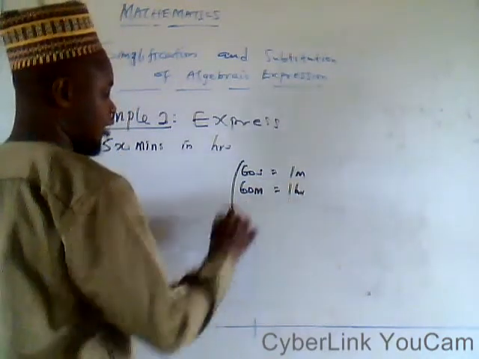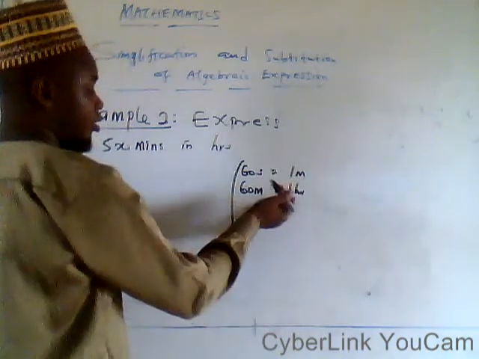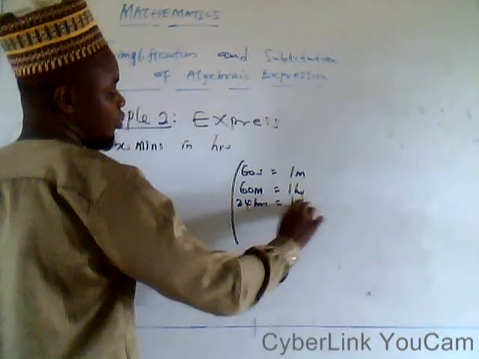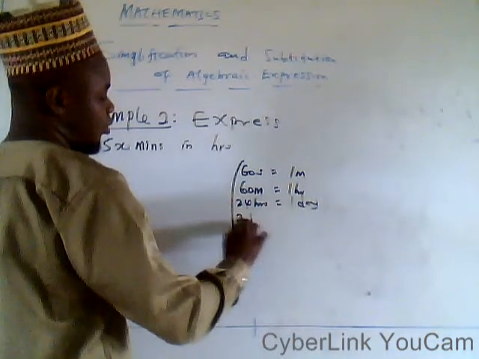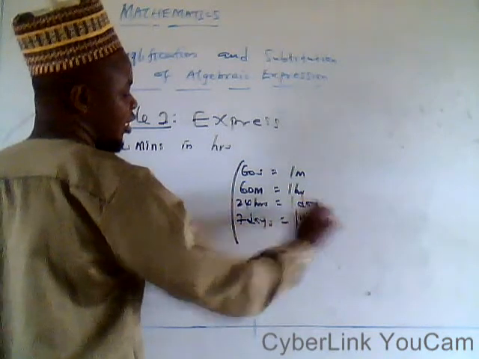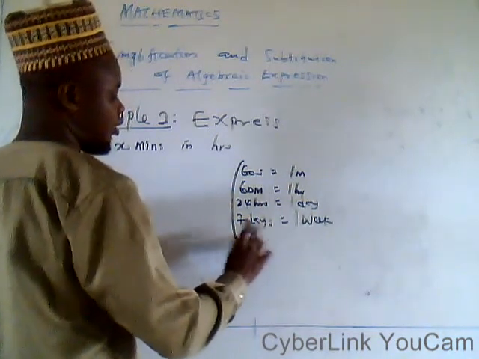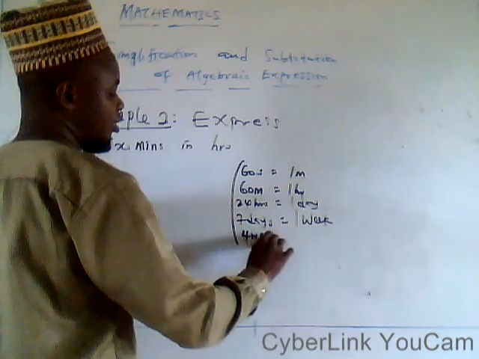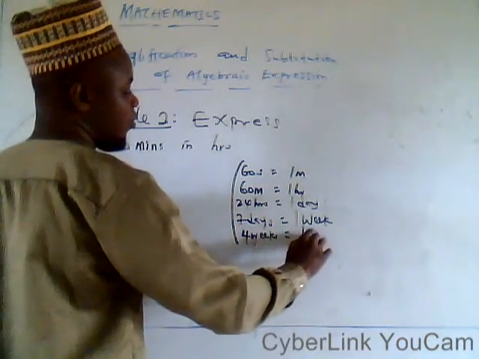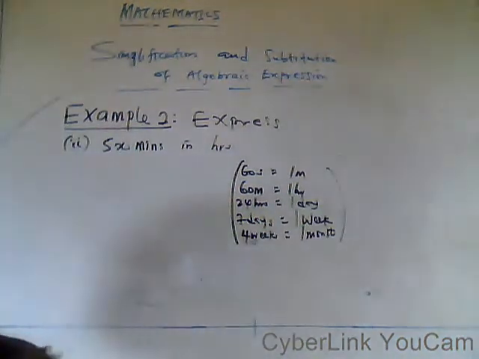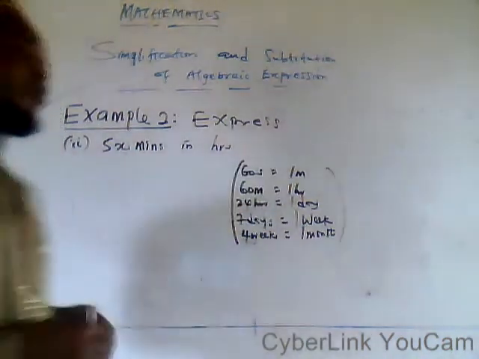You can still go further. 24 hours is 1 day, 7 days is 1 week, and 4 weeks is equal to 1 month. So you all know this, right? But the one that we need here is the one of minute and hour.